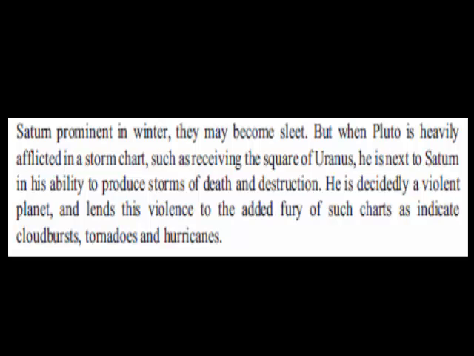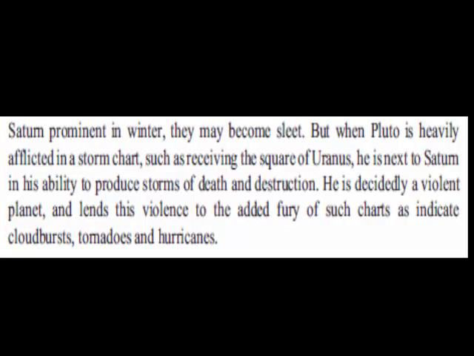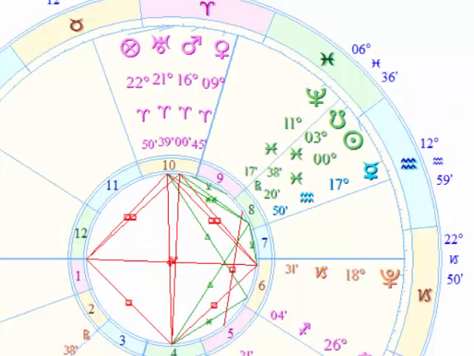He is decidedly a violent planet, and lends this violence to the added fury of such charts as indicate cloudbursts, tornadoes, and hurricanes. And since this is winter, maybe I should add blizzards.